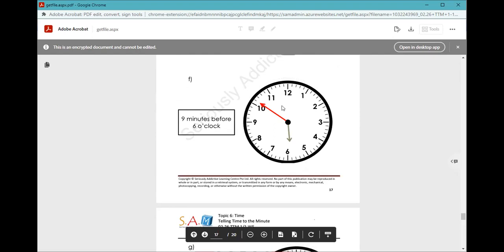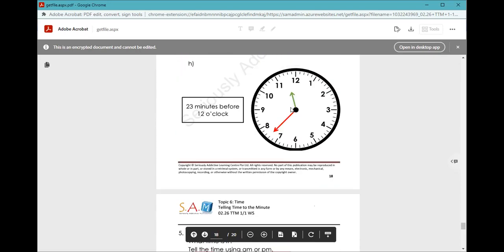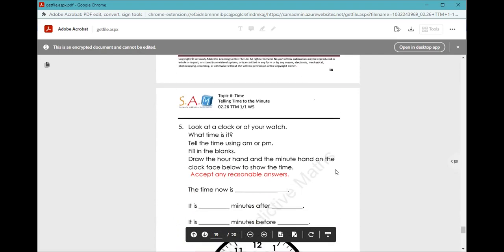How do they find out what is 9 minutes before 6? They start counting from 12: 1, 2, 3, 4, 5, 6, 7, 8, 9. Sorry, 9 minutes before 6 o'clock. For 23, they have to count backwards as well: 10, 20, 21, 22, 23.